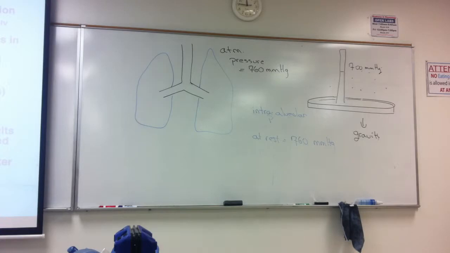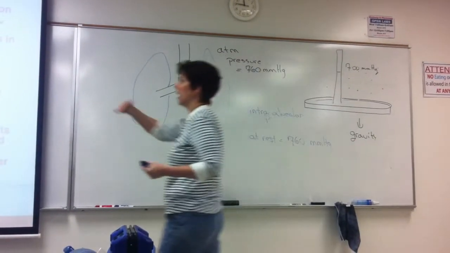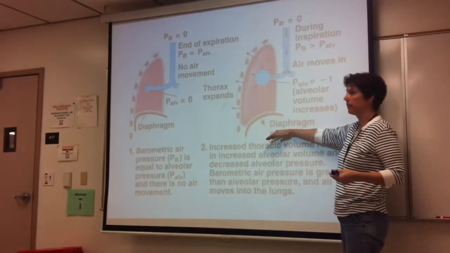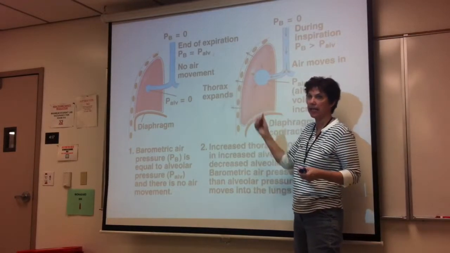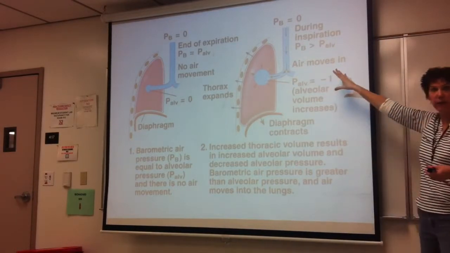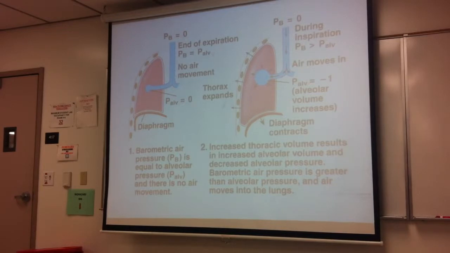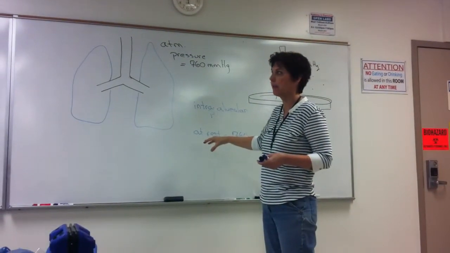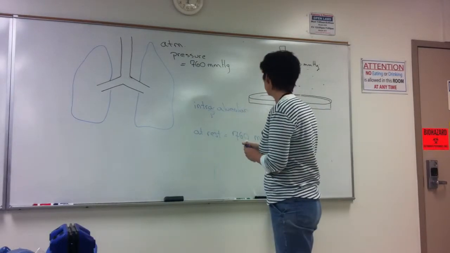So when you take air in and you lower the diaphragm and elevate the ribs slightly, we're not changing atmospheric pressure, but we're lowering intraalveolar pressure. And it will drop.